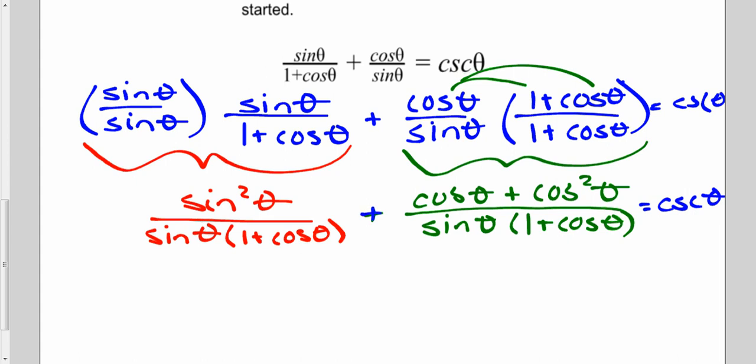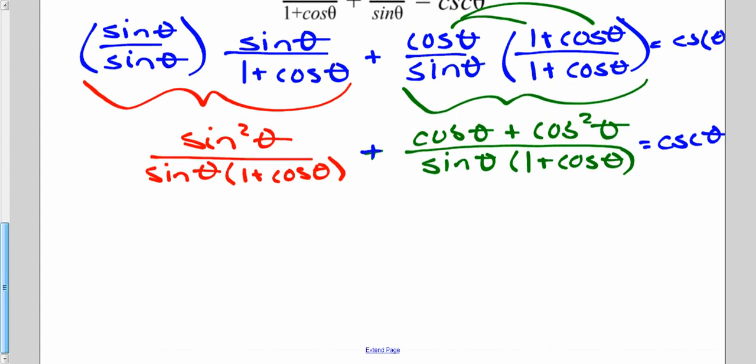Now, here's what I can do. I can mash that all into one fraction, can't I, Logan? I don't need to have two different fractions. I can mash it all into one. So that's what I'm going to do next. I'll put this in black again.